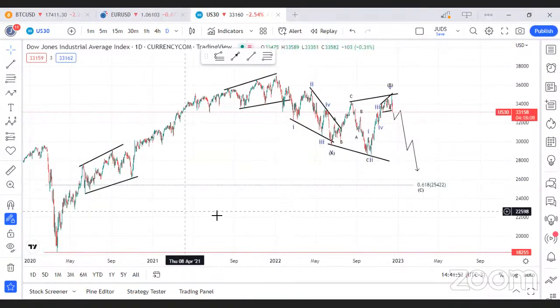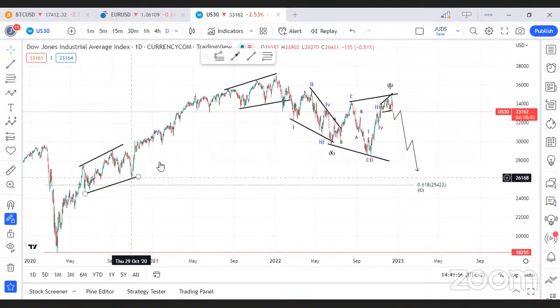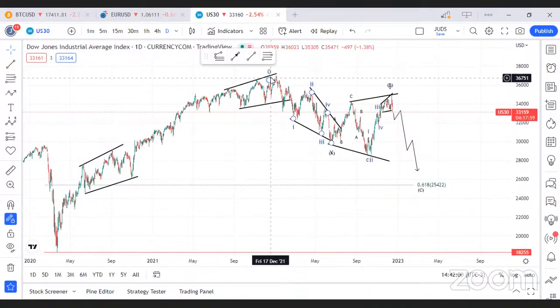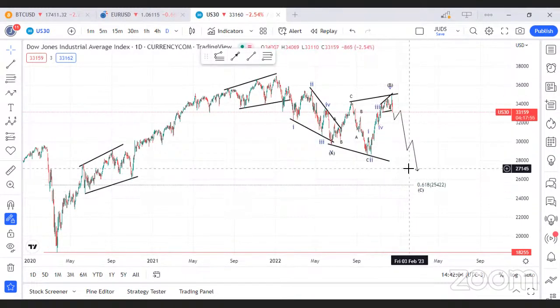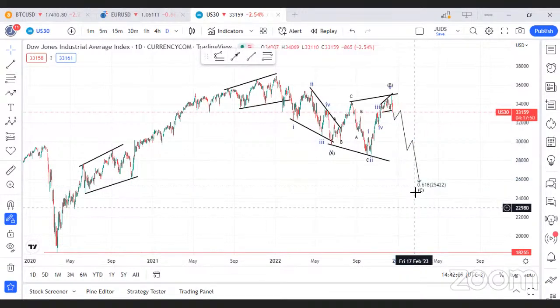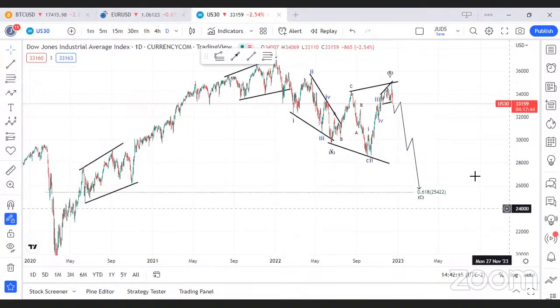So the trade idea here is very simple. We've had a 5-wave move here, and now we are in a corrective phase, and we are expecting the market to correct the entire 5-wave move by 60% retracement.